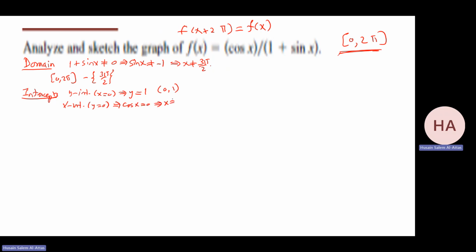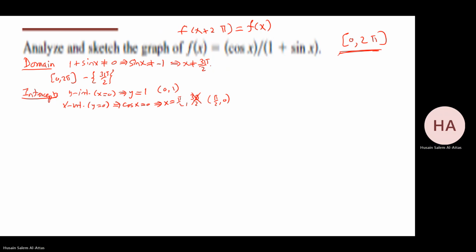So I have x equal pi over 2 and 3 pi over 2. But there's a problem with 3 pi over 2, so it's not there. So only pi over 2 and 0.